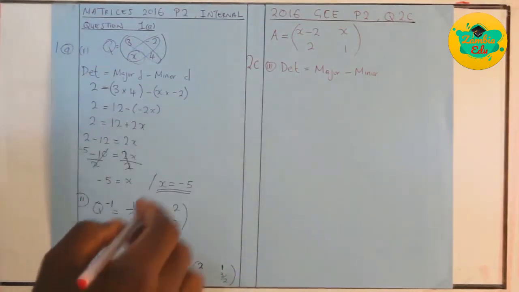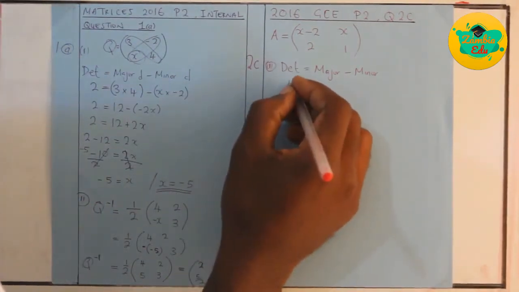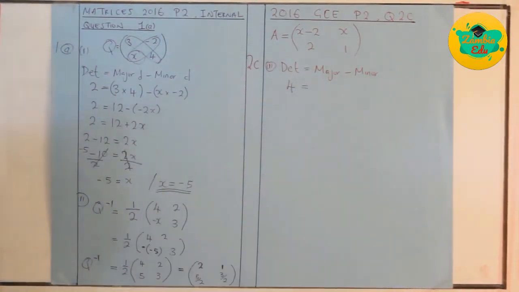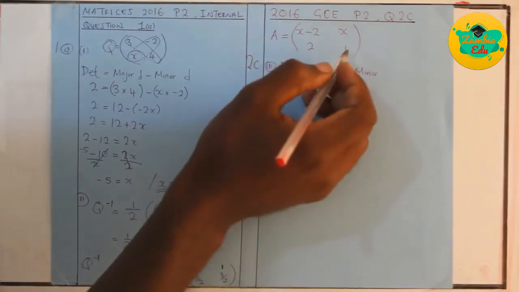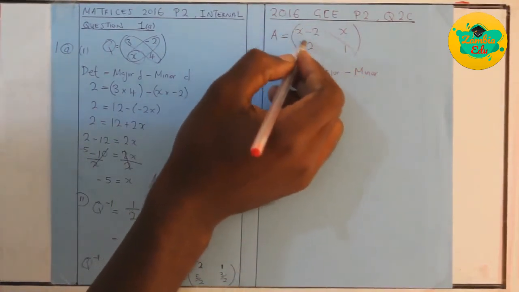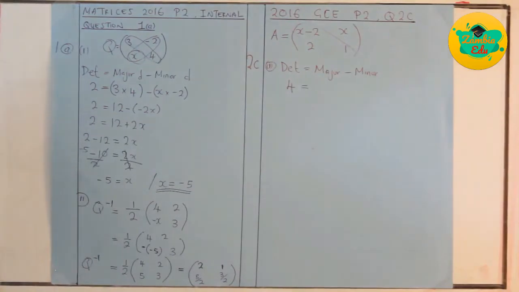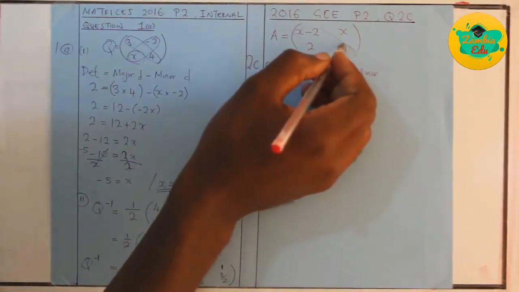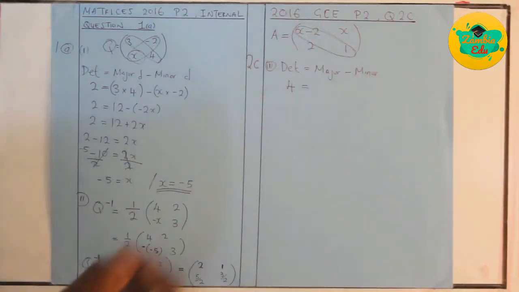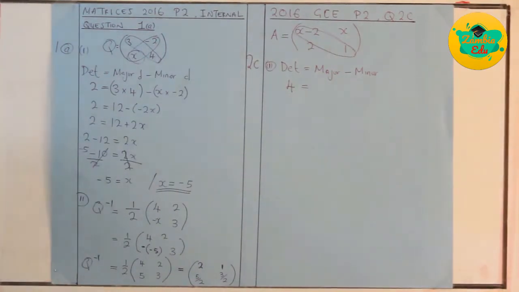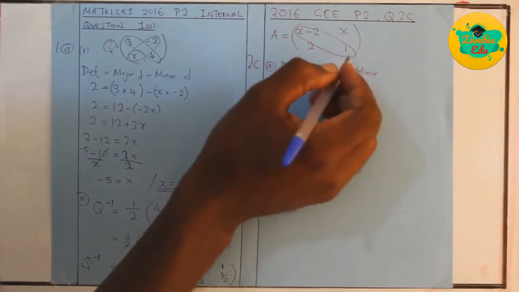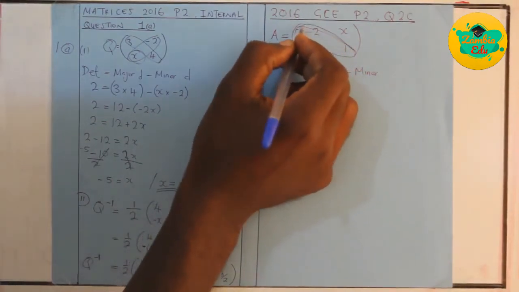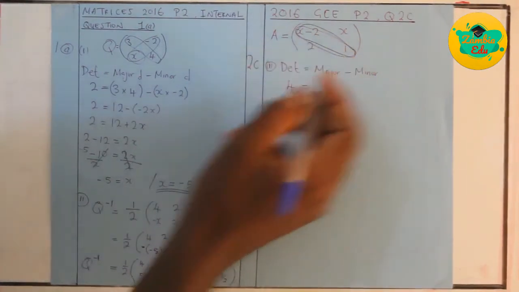So we've been told that the determinant is 4, equal to our major diagonal, which is this one here. Probably I should use a different color to indicate that's our major diagonal.